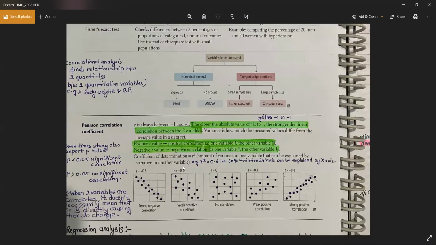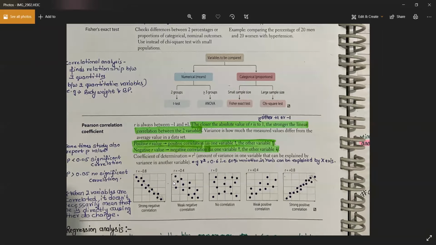Whenever you have a value of R which is closer to 1, all the values will lie on this linear line. Whenever the value of R is farther from 1, you will have a scattering of the data, as you can see. The values always exist between -1 and +1.